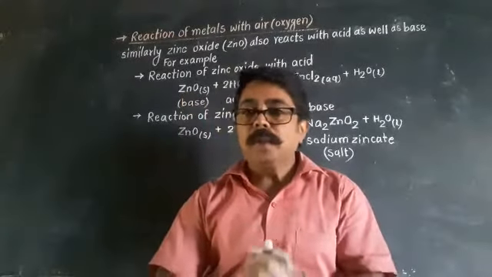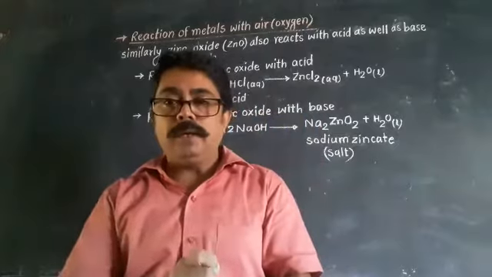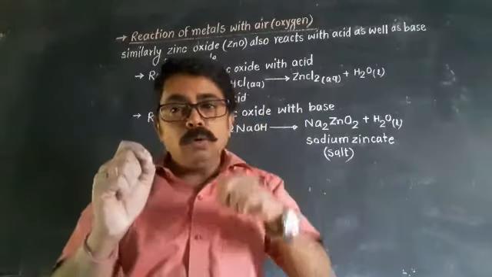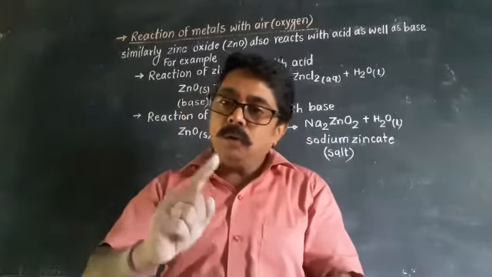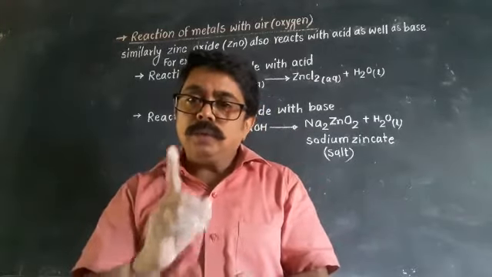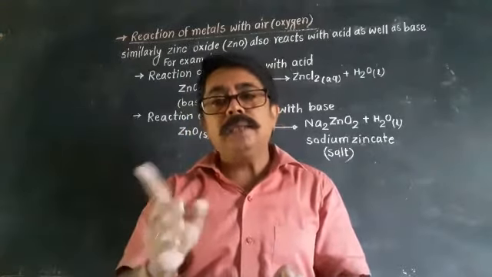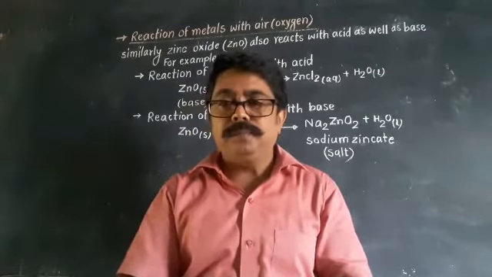Now dear student, we will see reaction of zinc oxide. Zinc oxide is also amphoteric in nature. It also shows acidic as well as basic behavior. So this is the reason why zinc oxide reacts with acid as well as with base.